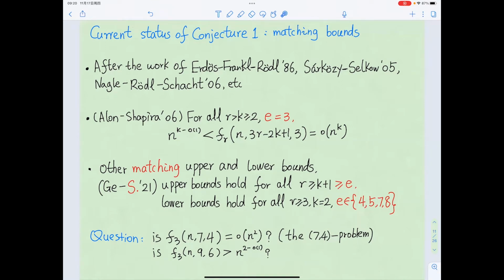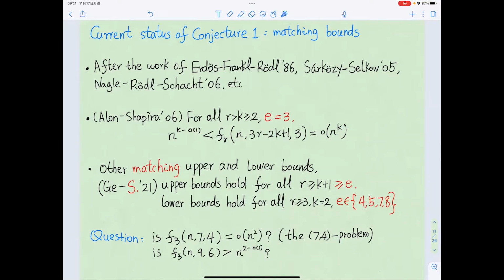So here are the matching upper and lower bounds. In a joint paper of Glock, Gishboliner and me, we show that the upper bounds hold for all integers r at least k plus 1 and k plus 1 at least e. In fact, this result is a standard application of the full power of the hypergraph removal lemma.